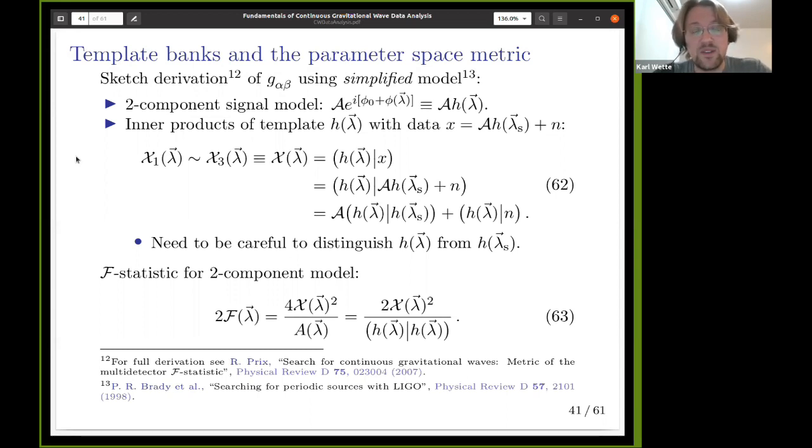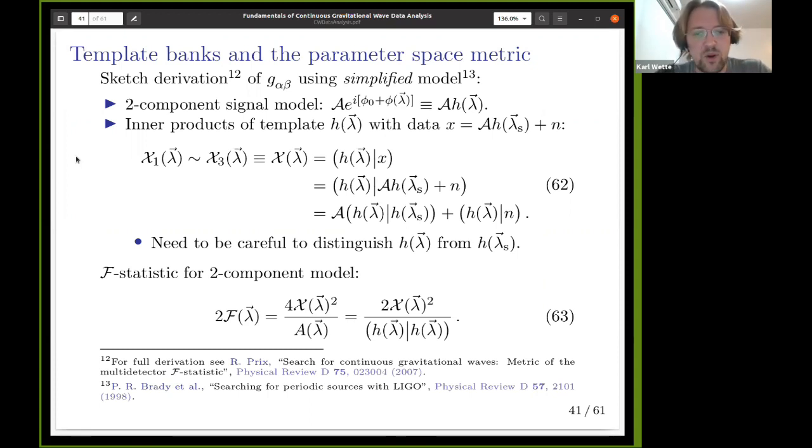So what I'm going to try and skim through is a simplified derivation where we assume we just have a 2-component signal model, not the 4-component model that we have in continuous gravitational waves. We just have a simple sinusoid, so we have a single amplitude A multiplied by e to the i phi naught plus some phase.